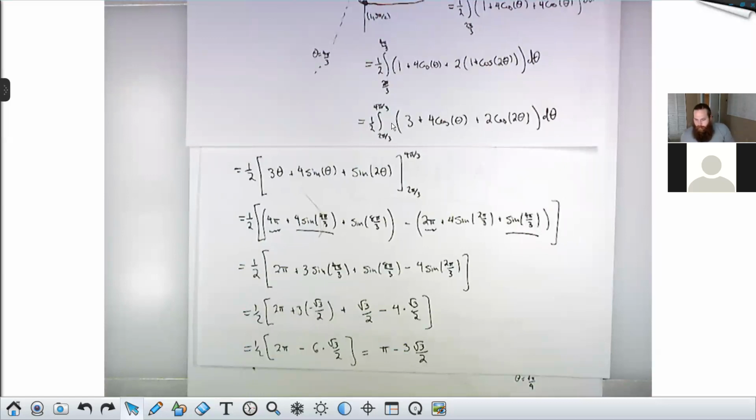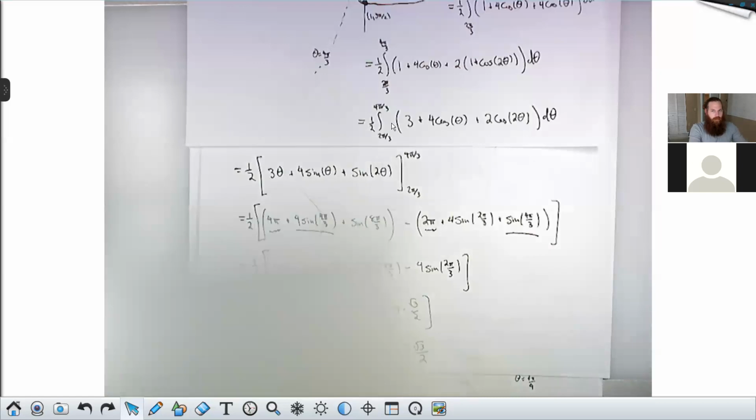So let's talk a little bit more about bounds, finding bounds. We've got just a few minutes before I need to switch to the office hour. There's one last type of curve like this.